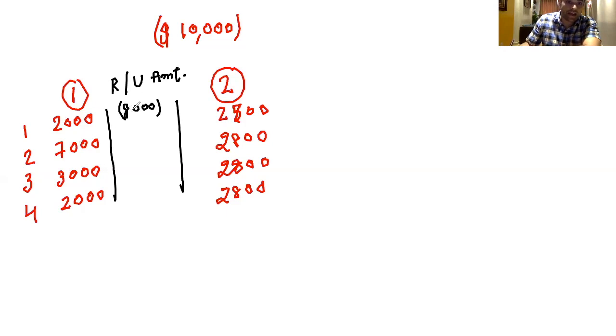My unrecovered is 8,000, so now 8 minus 7, 1,000 is my unrecovered. Remember, I'm writing in brackets to mean unrecovered. Without brackets means recovered, right? Or you can call it negative and positive. In brackets it's negative, and without brackets it's positive, like here, all without brackets, which means a positive number.